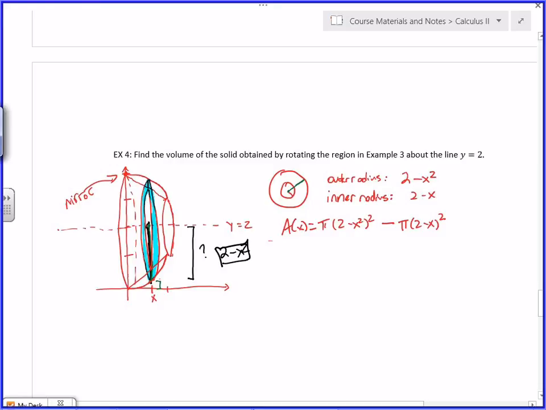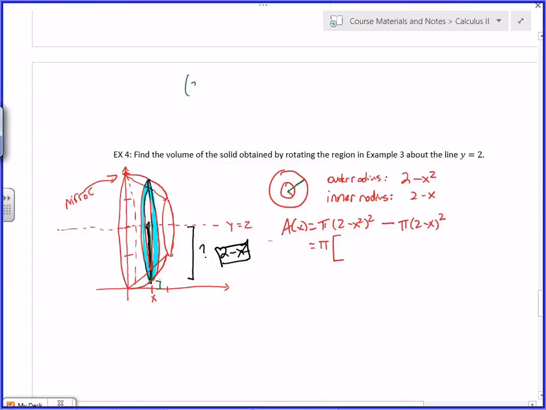Exactly. So I'm actually going to simplify this before I integrate it. So let's multiply out those squares and collect like terms. In fact, I'm going to be even lazier. I'm going to pull the pi all the way outside and just leave him be. Factor that out. Now, what's 2 minus x squared squared?